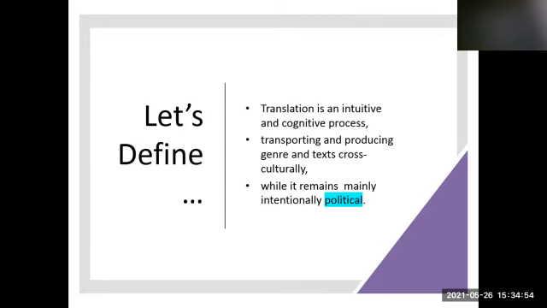If you translate a certain statement, maybe you want readers to know something about what happened as explained in the statement. So the fact that there is always an aim, this is what we mean by political. The very selection and choice of the text you want to translate is a political process in itself.